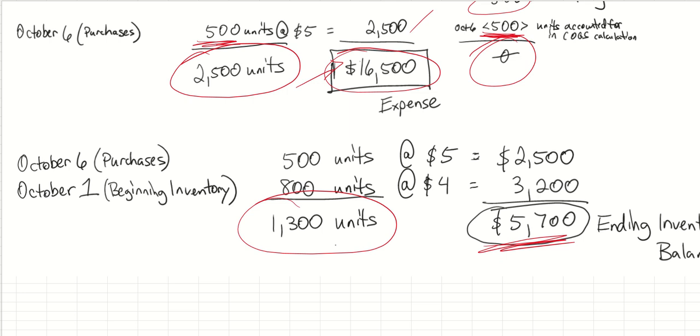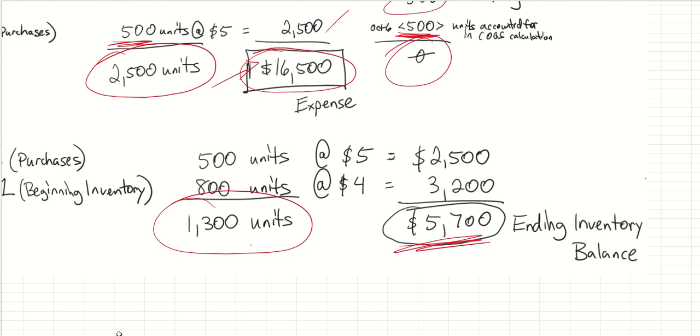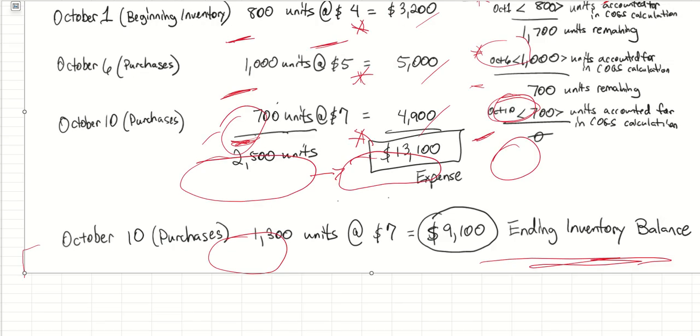LIFO has the oldest purchases still included in the company's inventory account. The oldest purchases are less costly than the most recent ones, which is why the ending inventory balance is $5,700 under the LIFO method and $9,100 under the FIFO method.